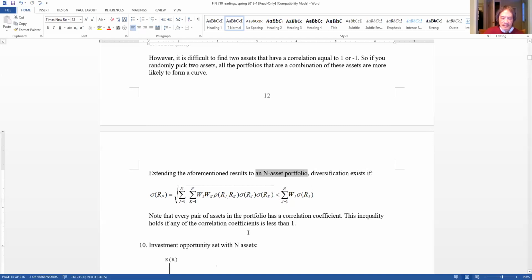Okay. Every pair of assets in this portfolio has a correlation. And this inequality becomes true if any of the correlation coefficients is less than 1. Right?